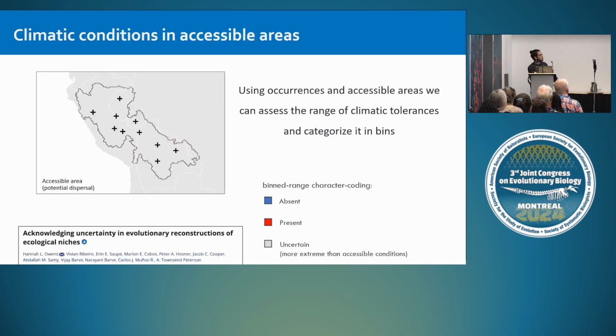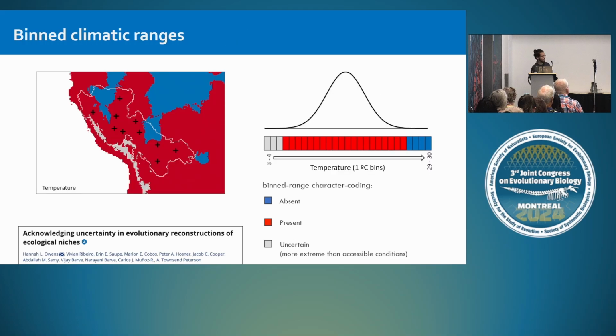But I do want to point out some details about the ancestral reconstructions. So basically, when we have an accessible area estimated and we have occurrences of a species, we can classify the conditions in which they are present, right? Kind of estimating that convex curve of tolerances, in this case of temperature.